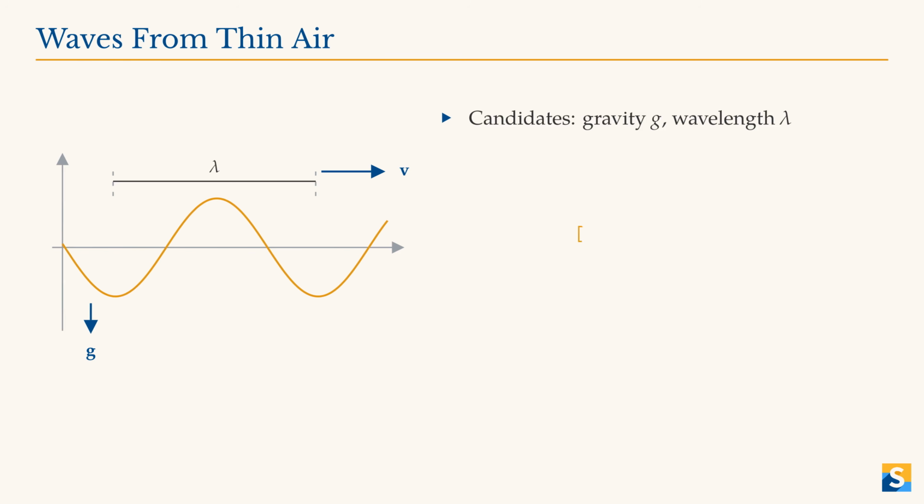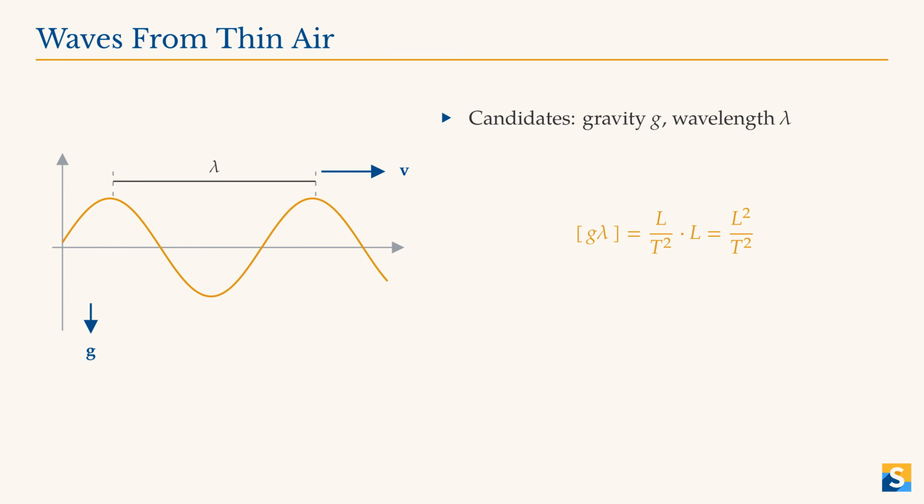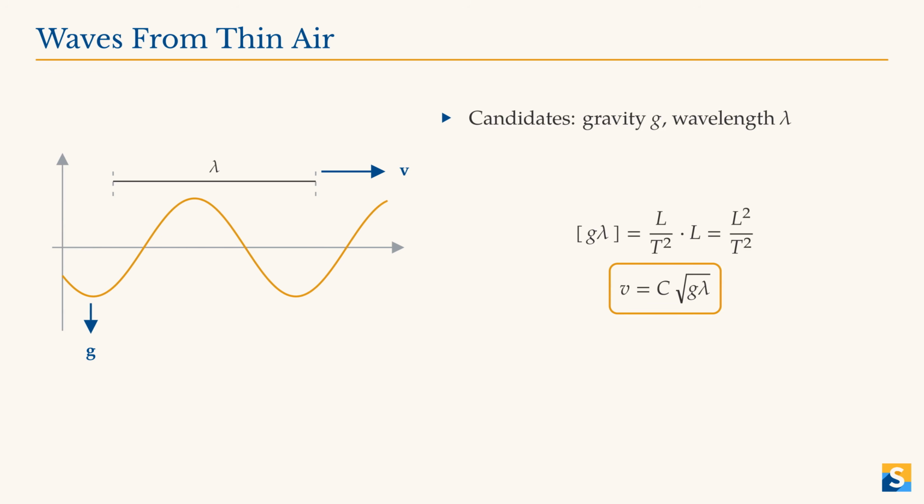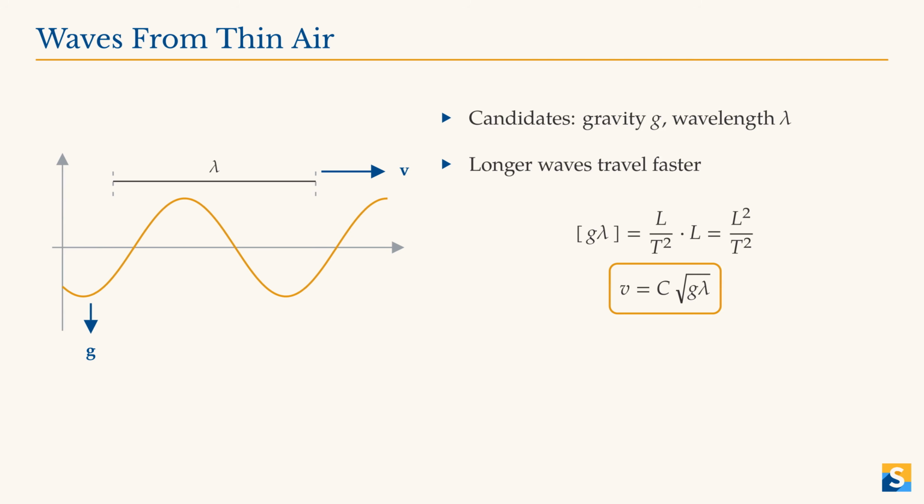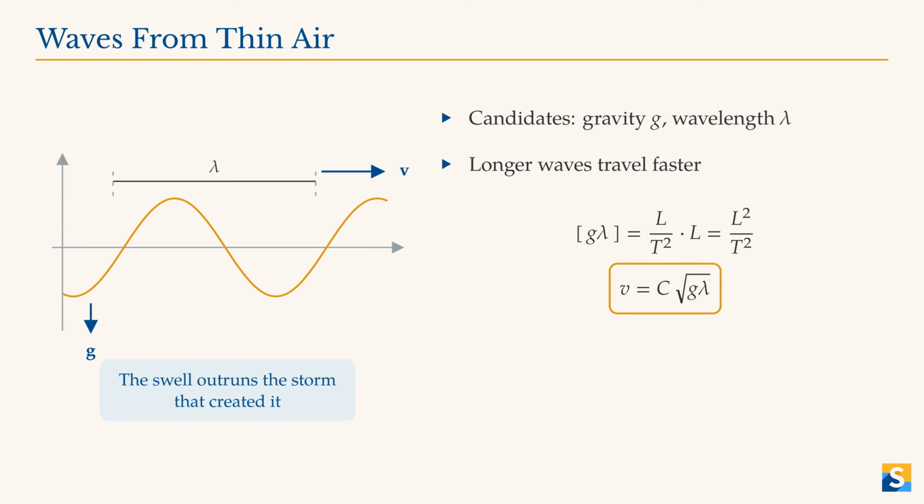Build a speed. g times lambda carries dimensions of velocity squared. So the wave speed is the square root of g lambda times a number near 1. Longer waves travel faster. That is why the long, slow swell from a distant storm arrives at the beach a day before the storm itself. The ocean does dimensional analysis for free.